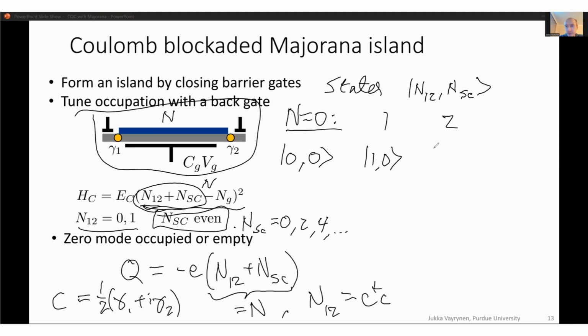Then there's a state with 2. Now we cannot put another electron into the Majorana state, so we have to use (0, 2). We put 2 electrons into the superconductor and have the Majorana state empty. And then with 3, we can again use the Majorana state, and so on. This is how the states basically look like.